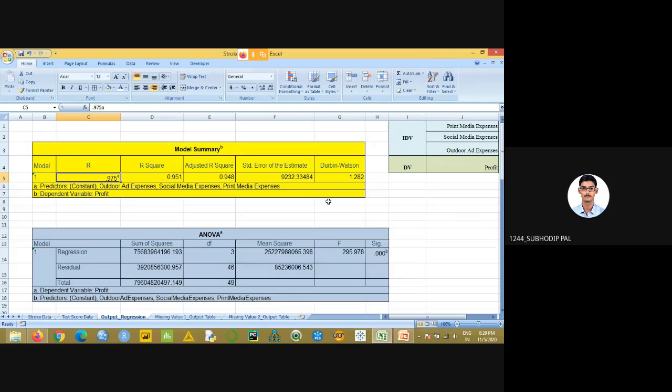R value should be greater than 0.4 or greater than 0.5. Then only can we say this model is good for regression analysis, or that the variables we have taken into consideration are good. Got it?